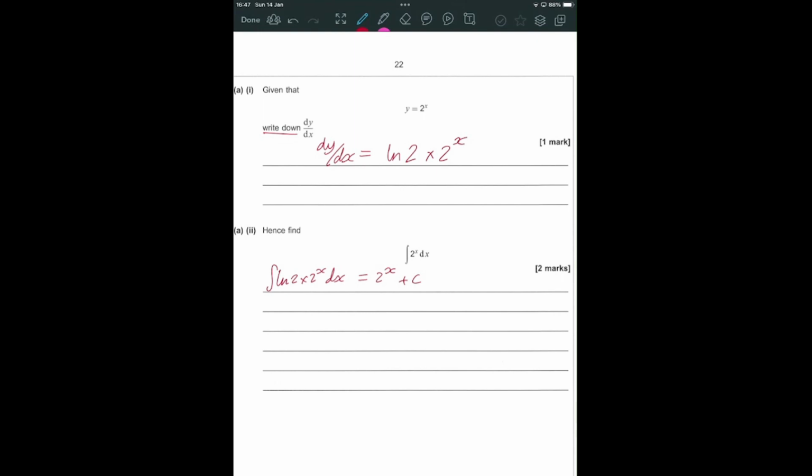But I didn't want this ln 2. So I want to somehow remove that ln 2. And the trick that we've always done is to put it in but divide by it. So the integral of 2 to the x is the integral of ln 2 times 2 to the x, but I cancel the ln 2 back out, so my answer is 1 over ln 2 times 2 to the x plus c.